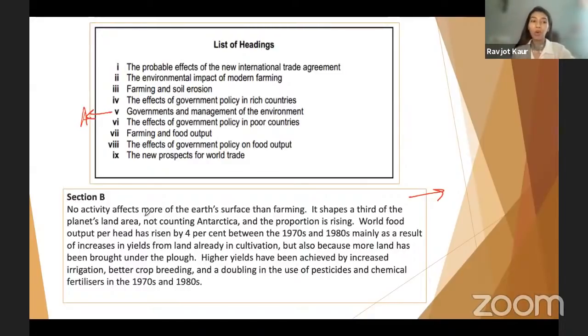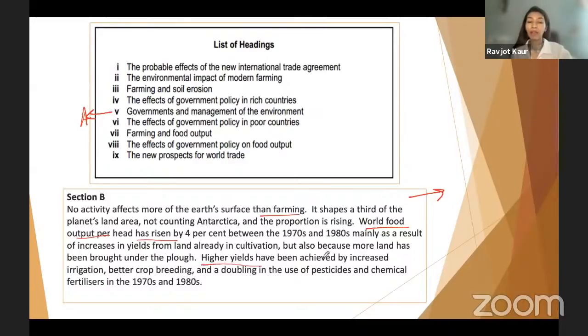So let's see. No activity affects more of the Earth's surface than farming. It shapes a third of the planet's land area, not counting Antarctica, and the proportion is rising. World food output per head has risen by 4% between the 1970s and 1980s, mainly as a result of increases in yields from land already in cultivation, but also because more land has been brought under the plow.